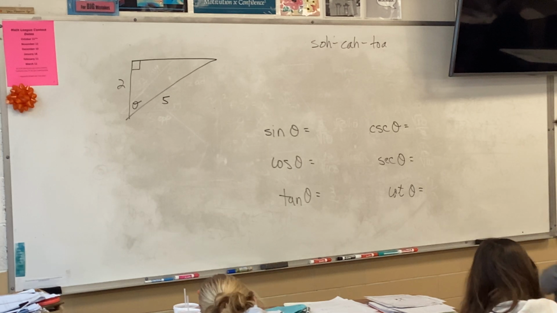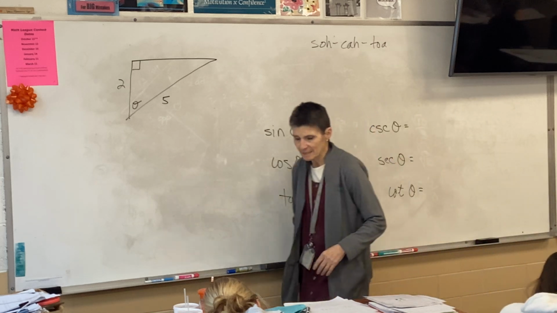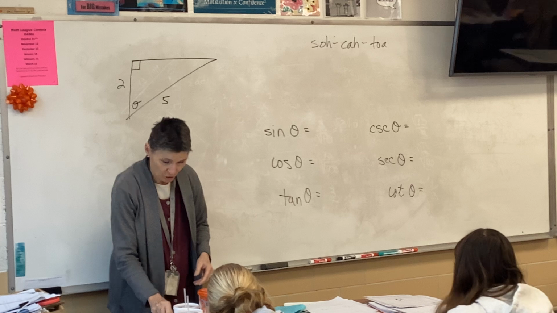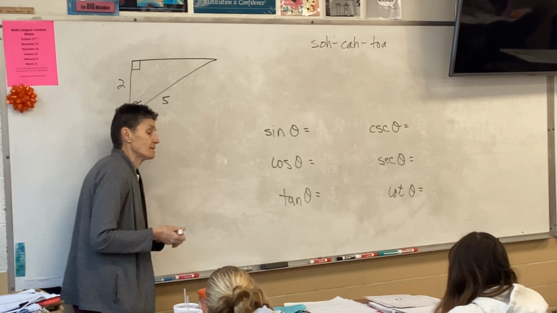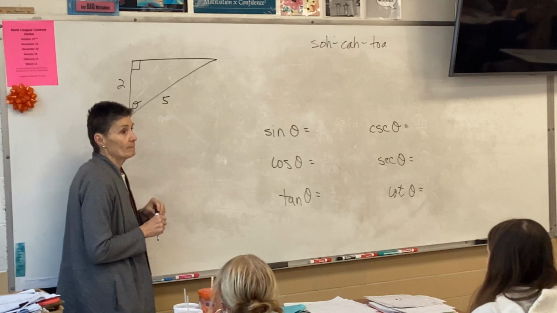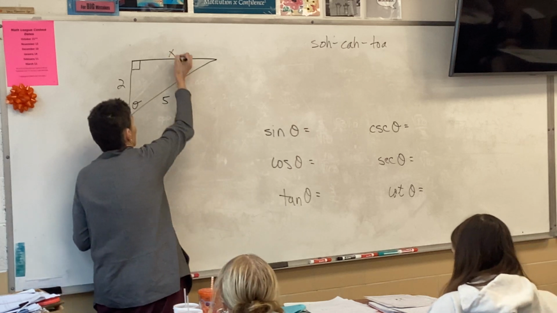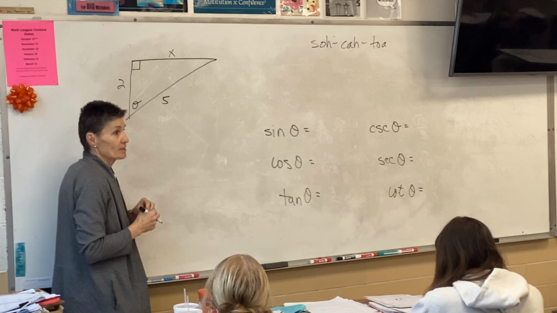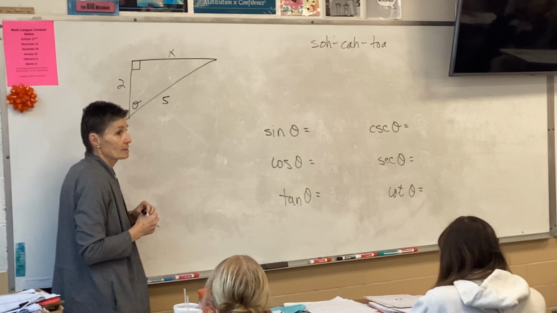All right, I'm hearing some things that sound great, and I'm hearing some things that are making my eye twitch. So we're gonna check on something first. We have a missing side, don't we? We know we're gonna use the Pythagorean theorem. Which side is the hypotenuse?